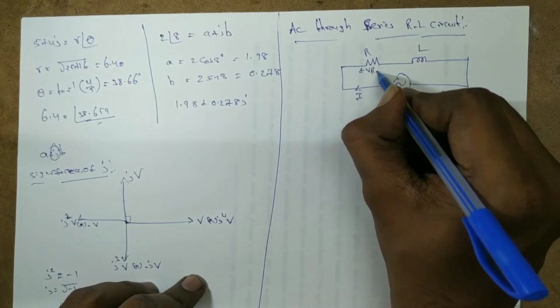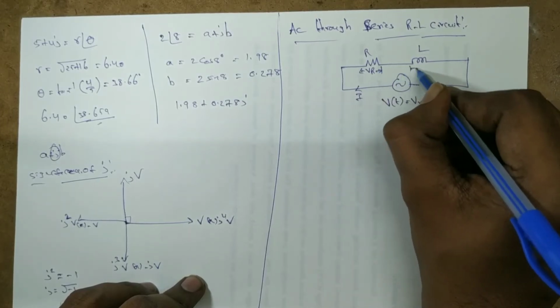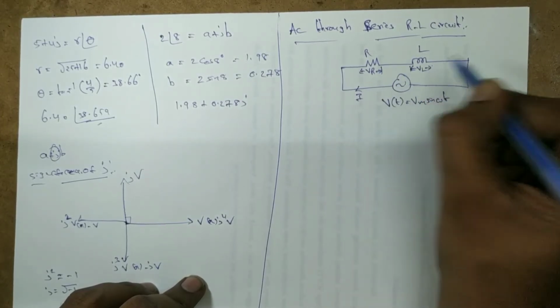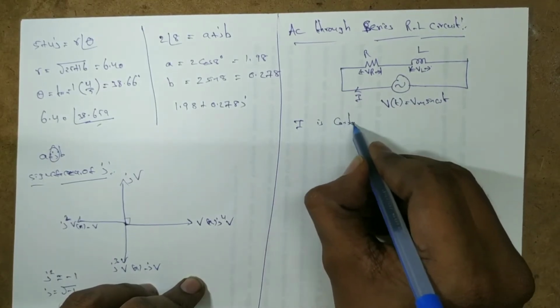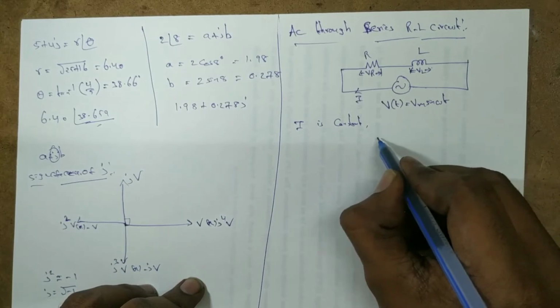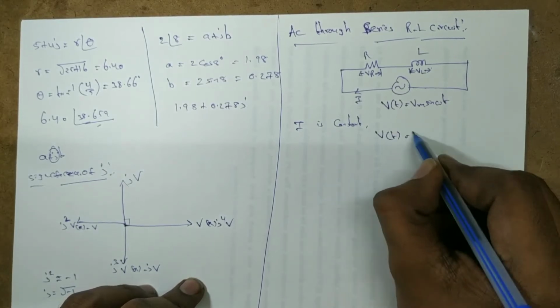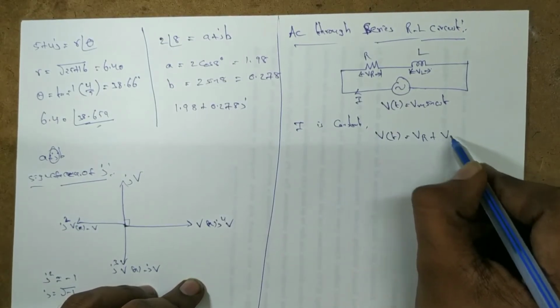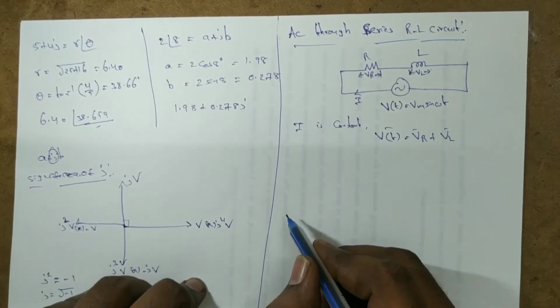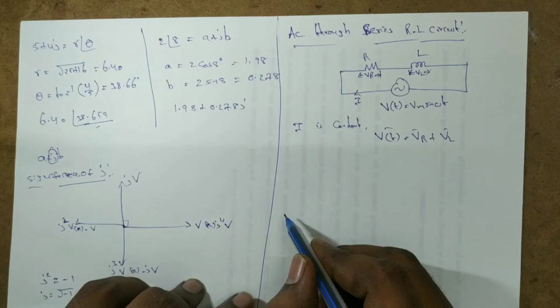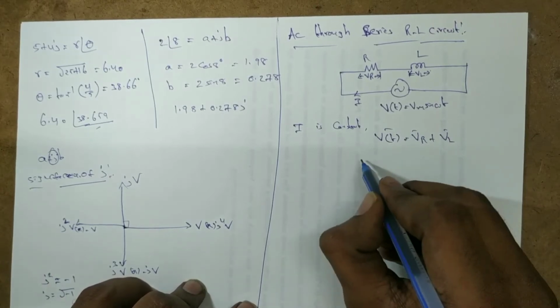In any series circuit, current will be constant but voltage will be divided. So voltage across resistance is VR and across inductance is VL. Since it is a series circuit, I is constant and V is divided as VR plus VL, a vector sum, where VR is the voltage across resistance and VL is the voltage across inductor.